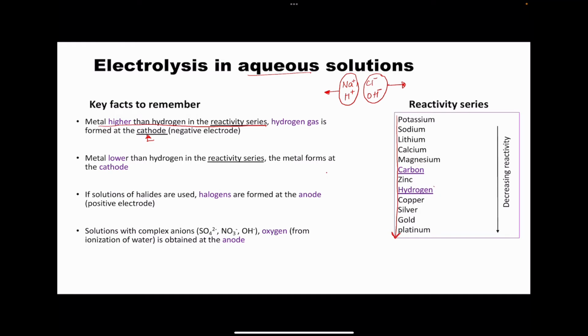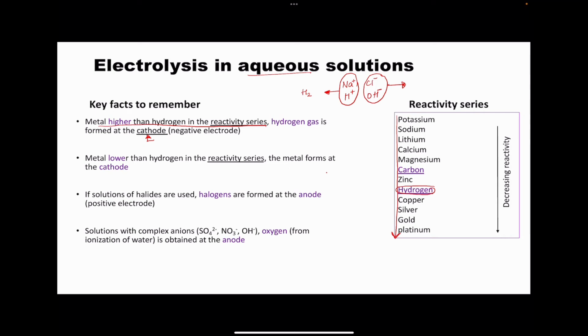So it means those that are below hydrogen are better at gaining electrons than hydrogen, so they will be formed easily at this electrode. So here we say for a metal higher than hydrogen in the reactivity series, hydrogen gas is formed at the cathode. In this case, hydrogen is going to be preferred as that's the first rule.